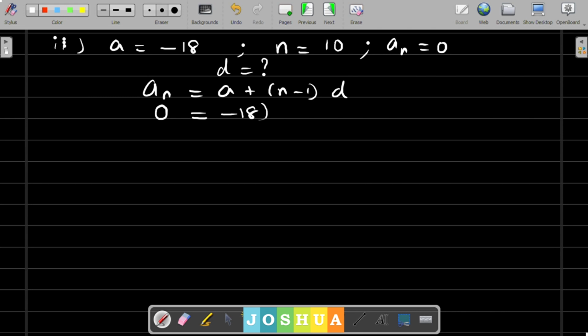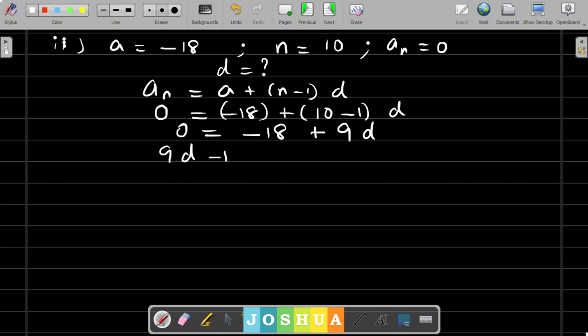Again the same formula, an = a + (n - 1)d. Now substitute the values here, an equal to 0, and a value minus 18 already given, plus n is given, n is 10, so in this case 10 minus 1, times d, the value we don't know.